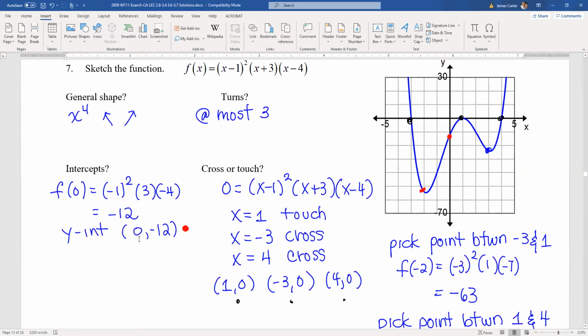Okay. Now, if we want to find what these are, here at +1 we've got a touch and go. At -3, right here, we've got a crossing. And at +4, we also have a crossing. First, we draw these 2 ending lines.